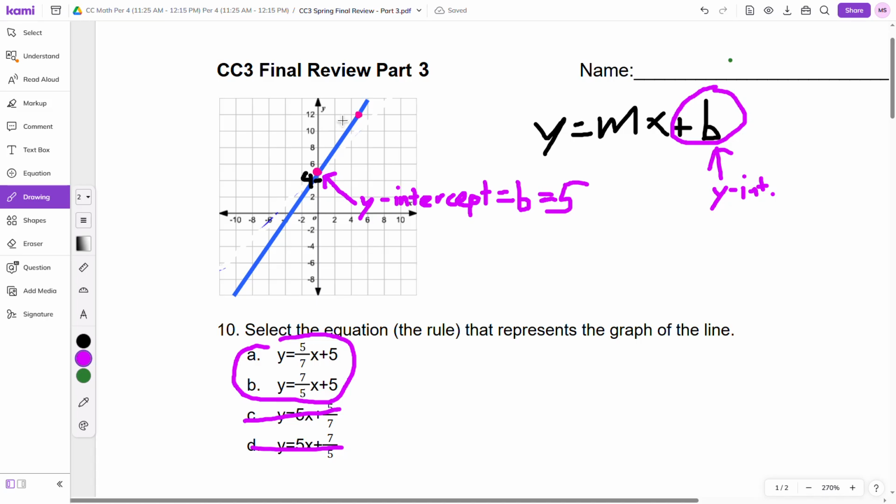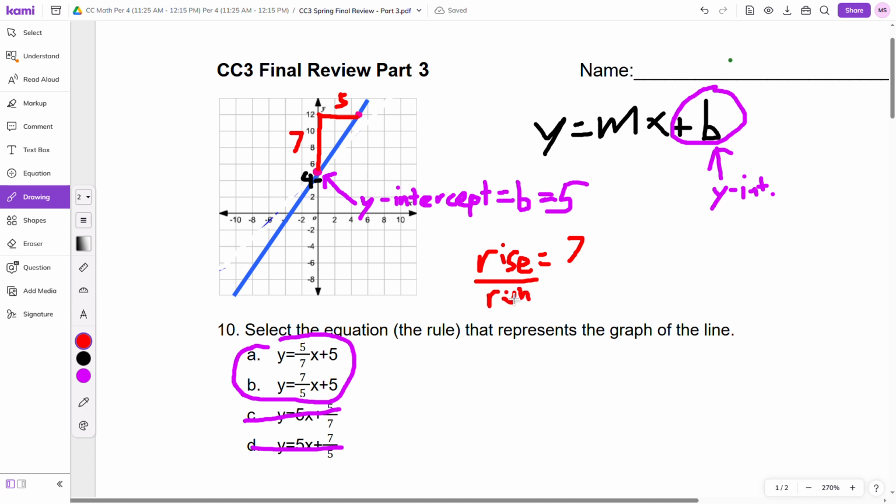Now what? Well, we have to find the rise and the run. So from here, we go the rise. So that's 1, 2, 3, 4, 5, 6, 7 to get to 12. And 1, 2, 3, 4, 5 to get over there to 5. So that means the rise is 7 and the run is 5.